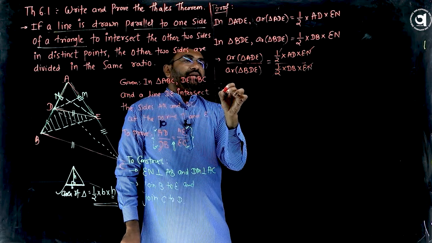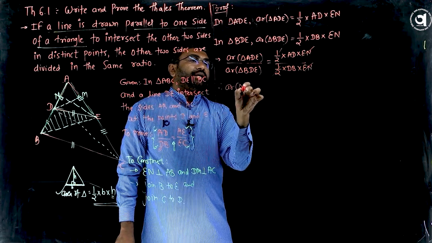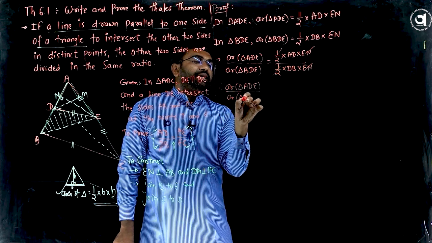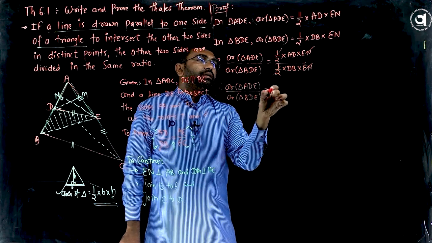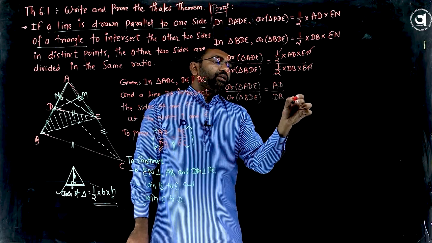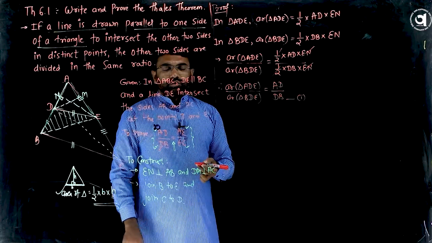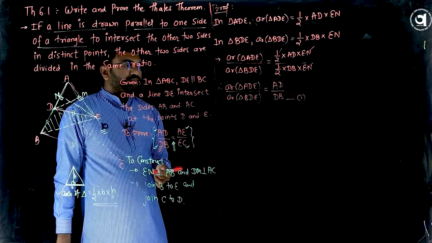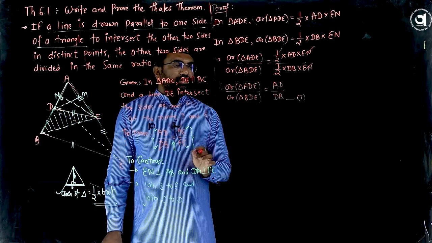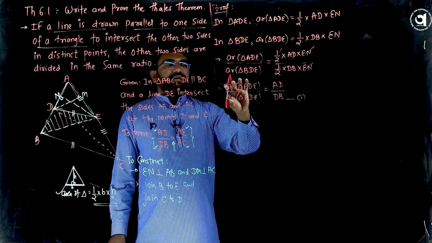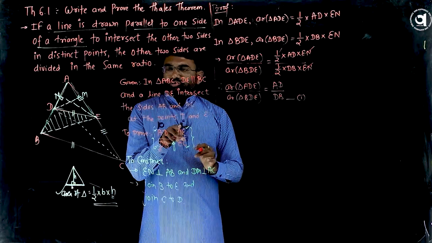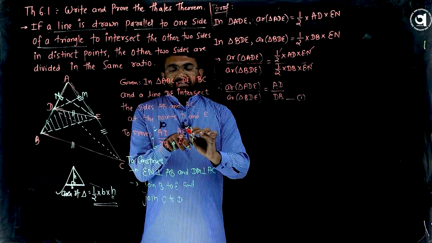So here we get area of triangle ADE upon area of triangle BDE is equal to AD by DB. We give this equation number 1, which we use for this proof. So one ratio we get here, and this ratio is equal to the ratio of these two triangles' areas.